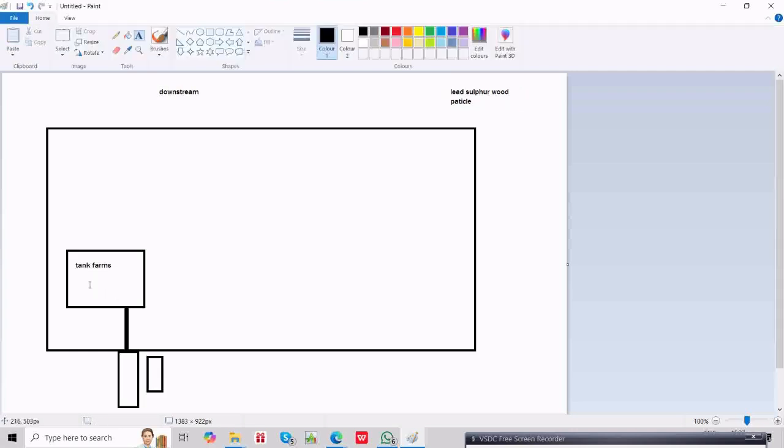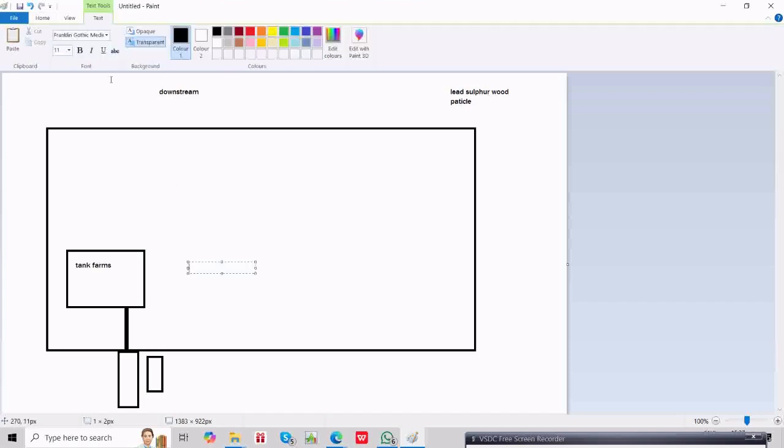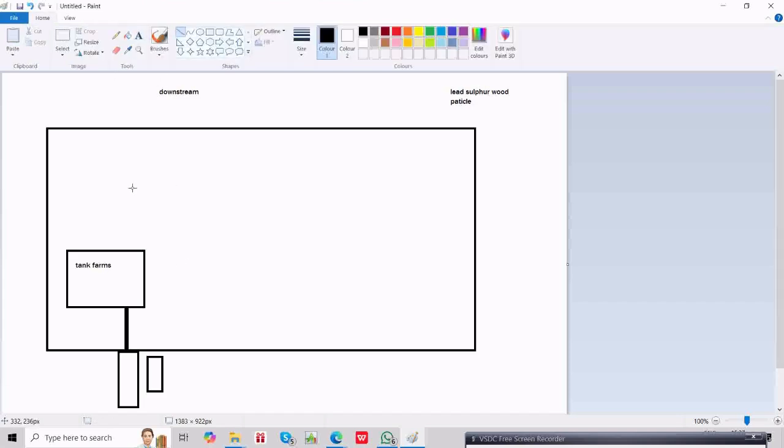When they put the crude oil in this tank farm, these heavy particles will settle down below in the tank farm, but the chemical impurities which crude oil has are not going to be removed from the crude oil. So what will happen after this? After this tank farm, the crude oil goes to units.